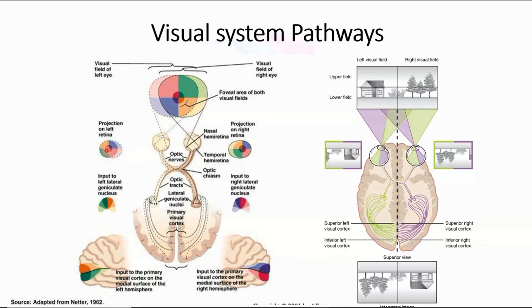As noted, each point in real space is represented onto some point on the surface of the retina.